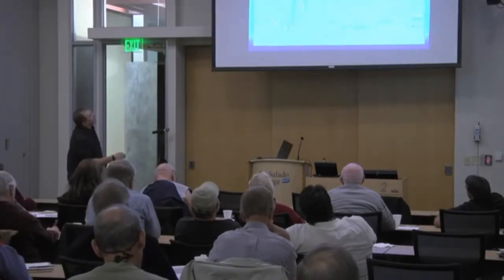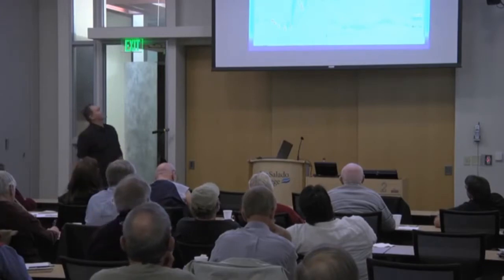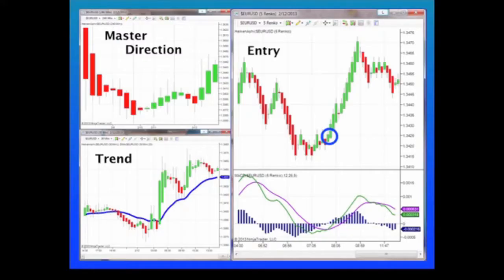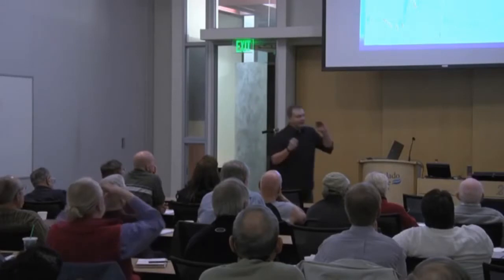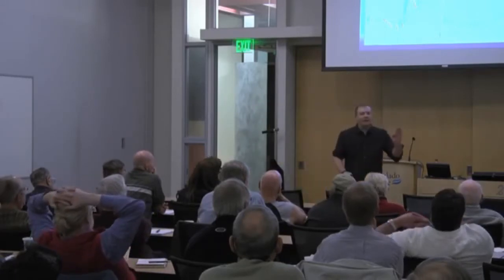Now, this is how I would have the setup. Here's my master direction. Here's my trend. Here's my entry with a confirmation indicator. You need to keep in mind that the strategy can never change. You don't want to ever deviate from it.